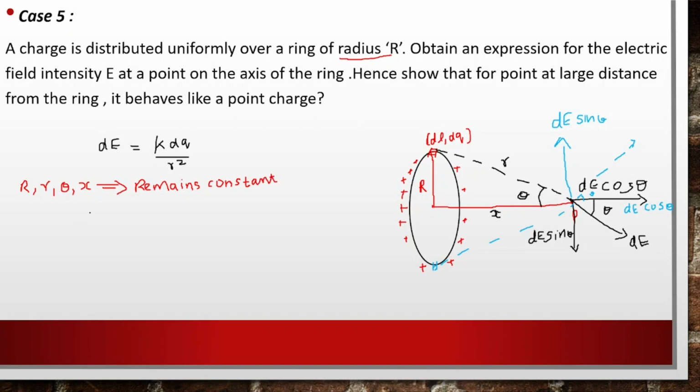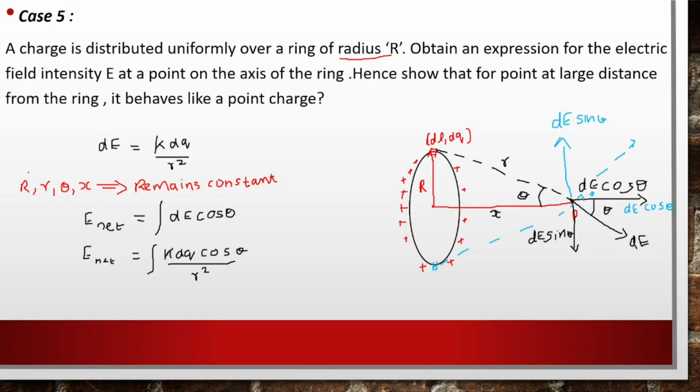So E net is equal to, we only need to consider our cos component. So dE cos theta. Instead of dE we can write E net is equal to integral of K dq cos theta by r square.